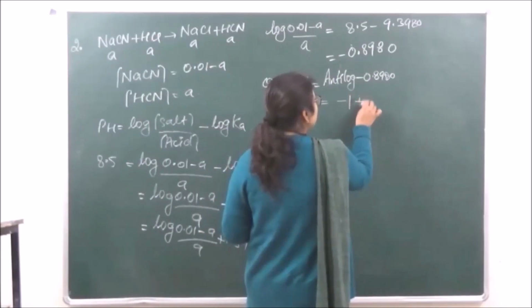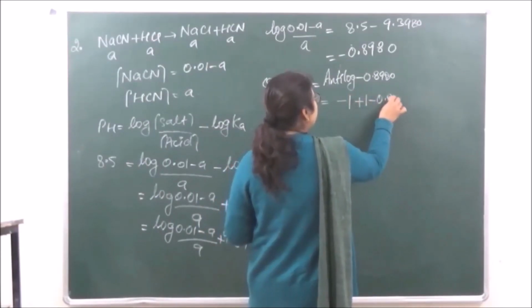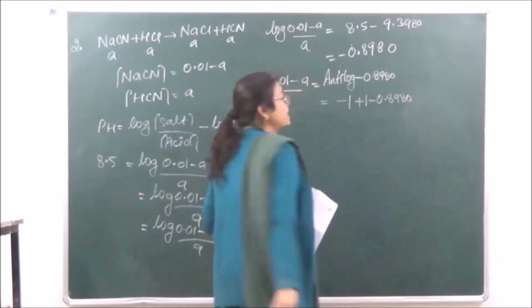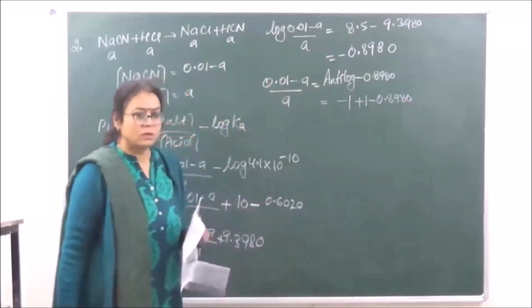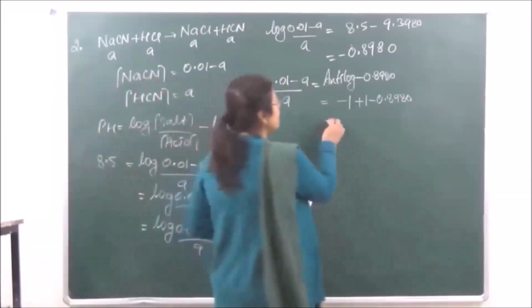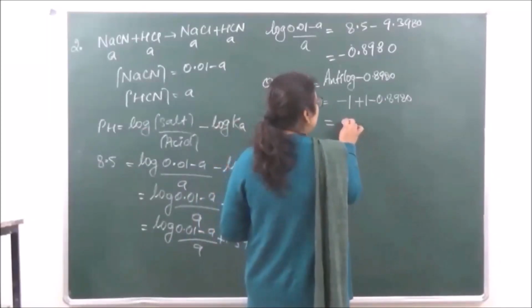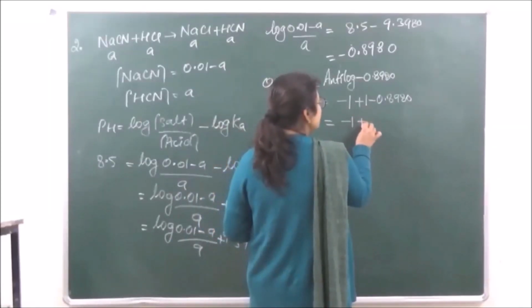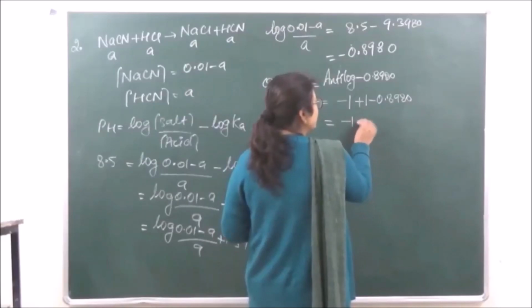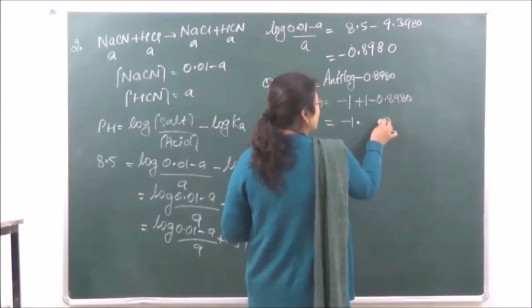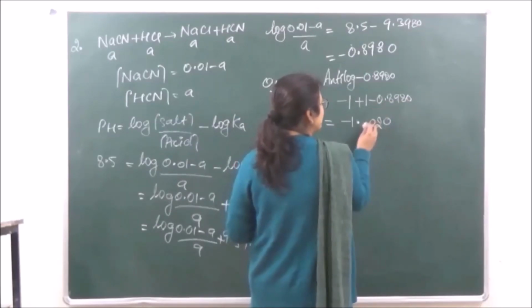Minus 1 plus 1 minus 0.8980. So this will be equal to minus 1 plus 0.1020.